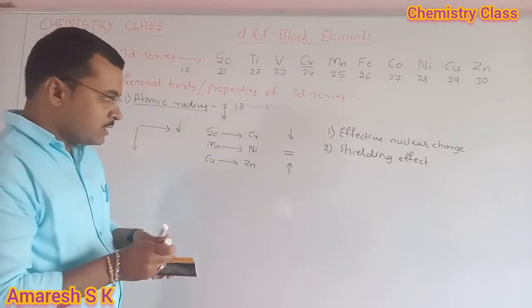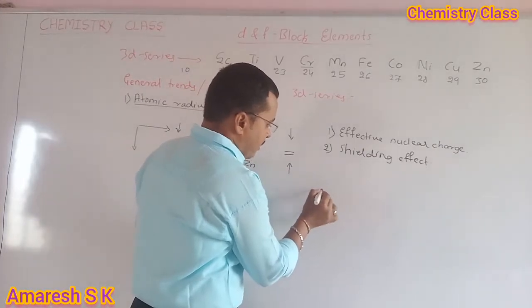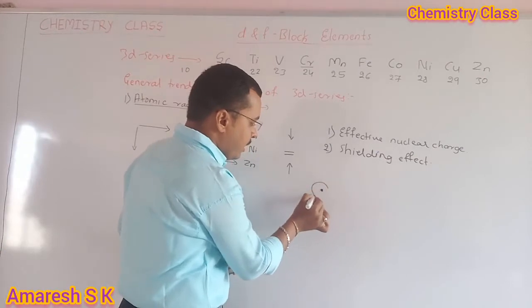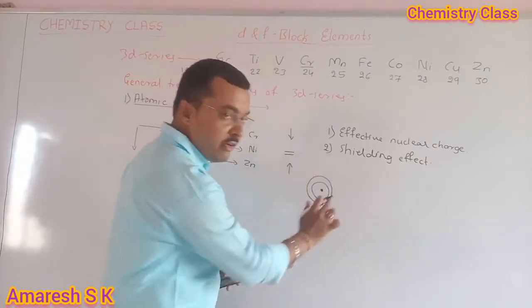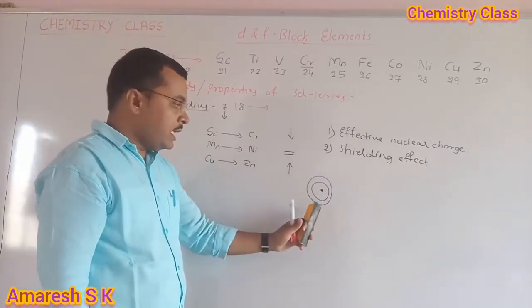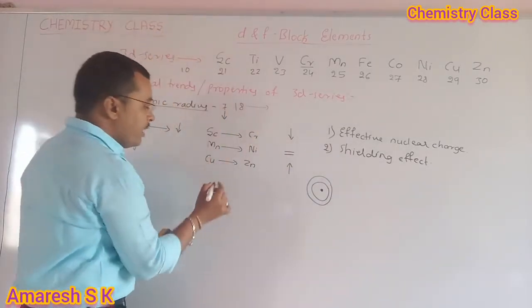Effective nuclear charge means, consider an atom. This is the nucleus. Around this nucleus, the electrons are revolving in a fixed circular path. This is the imaginary structure for the atom. Next, take an example, scandium.